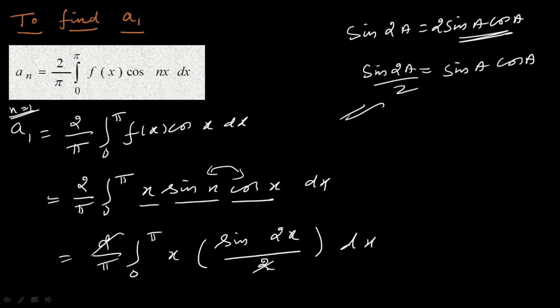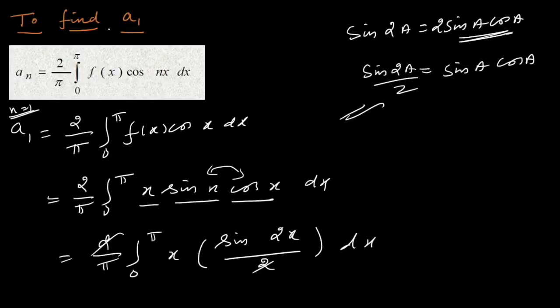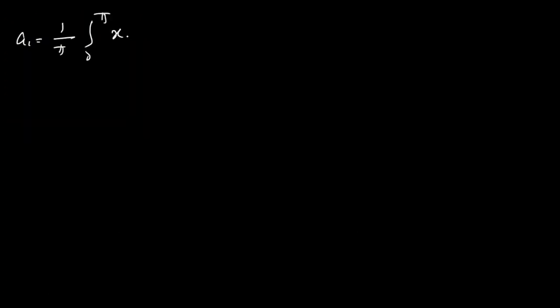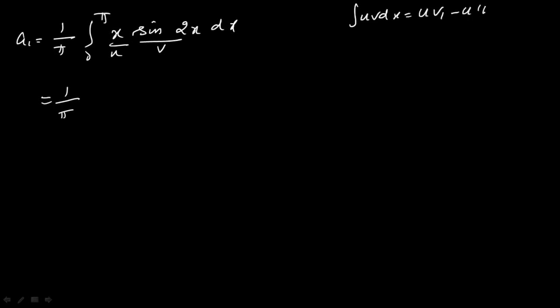So these 2 and 2 being cancelled, we have a1 is equal to 1 by pi integral 0 to pi x sine 2x dx. This is of the form integral uv dx. So if we make use of the formula, integral uv dx is equal to uv1 minus u dash v2.